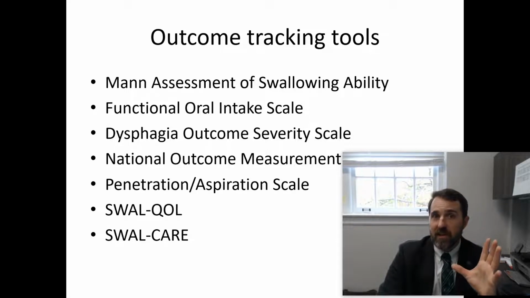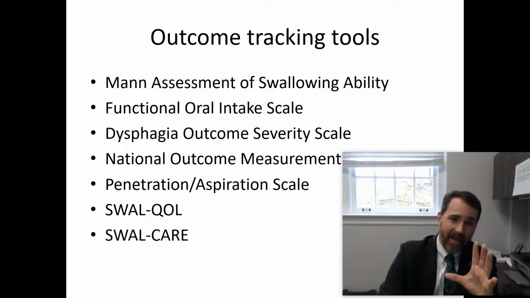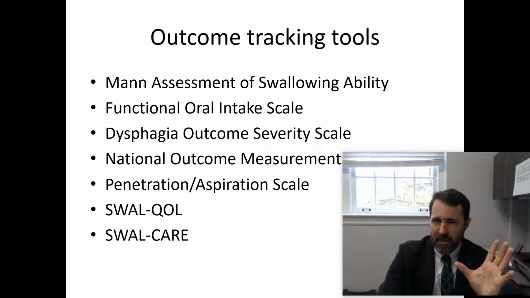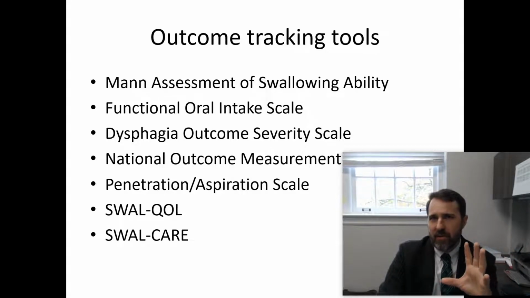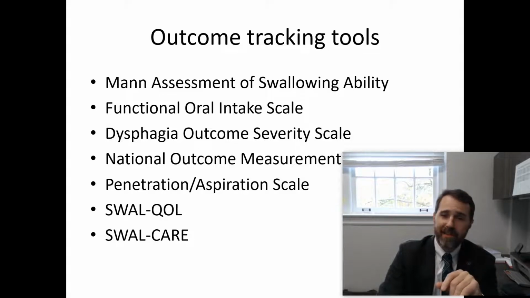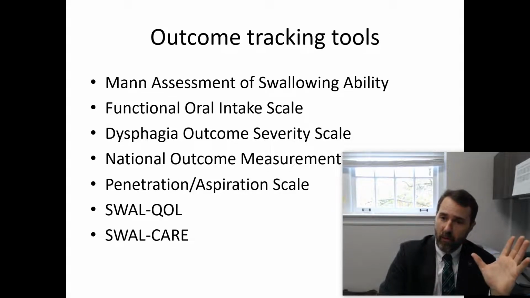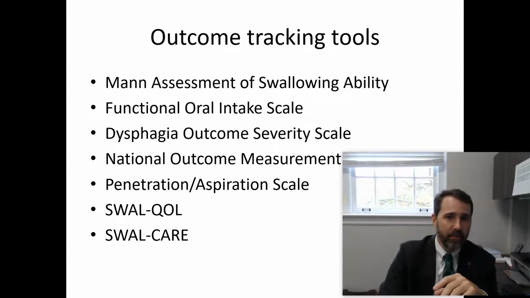So if you could score them as having less aspiration and penetration after therapy than before therapy, then that certainly is an improvement. So there's lots of different ways in which we're able to show improvement in the client from before therapy to after therapy.